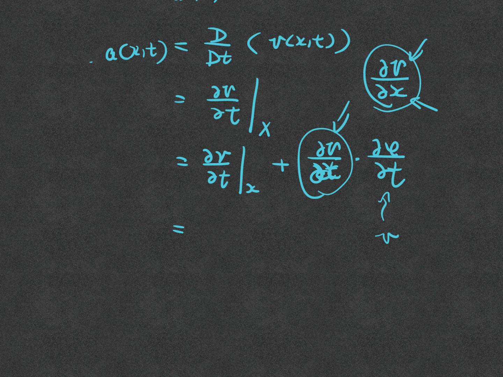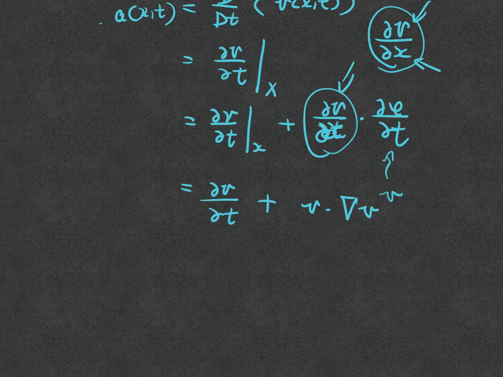It would have to be a second order tensor, right? So in fact, this is actually the gradient of the velocity. So I would simply write this plus, this is equal to the velocity, so I write v dot gradient of velocity.